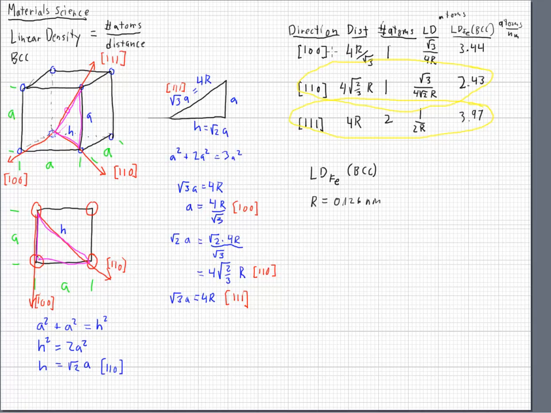We created a table where we looked at each direction, looked at those distances, figured out how many atoms were traversed going along those distances in those directions, and then calculated it for a body-centered cubic cell of iron.